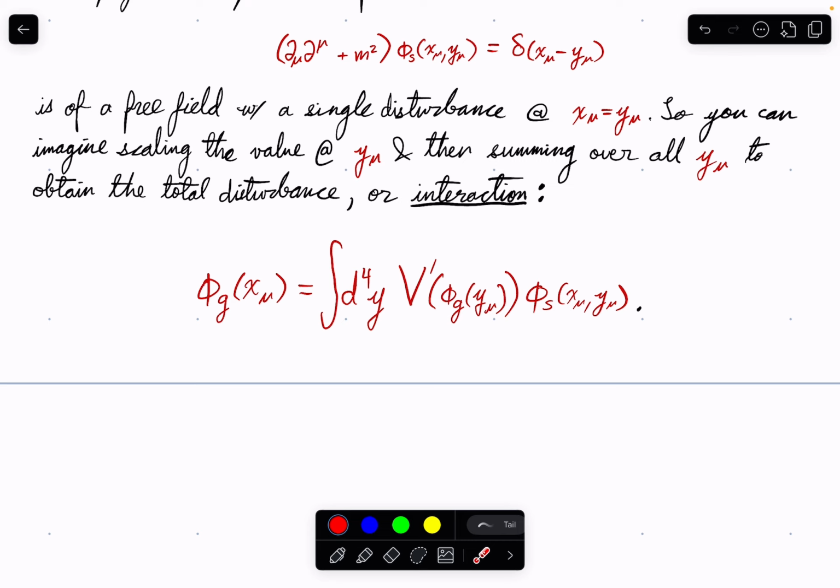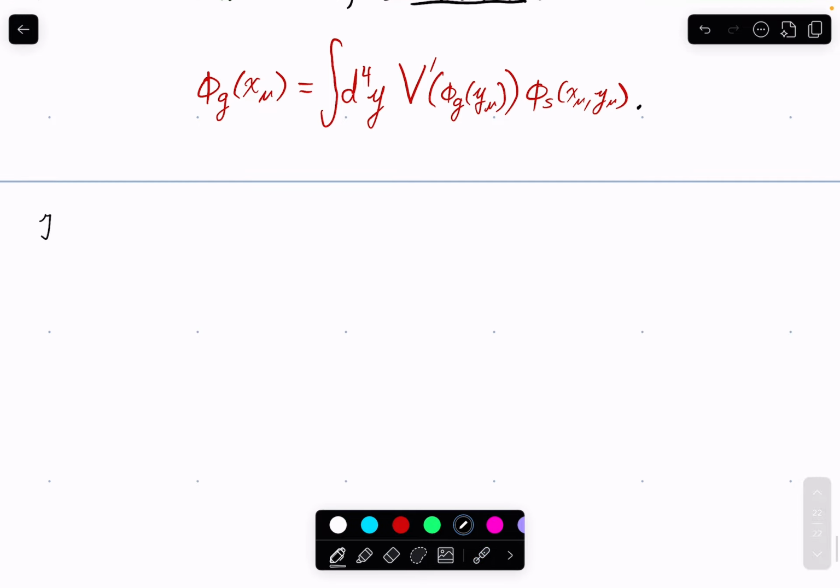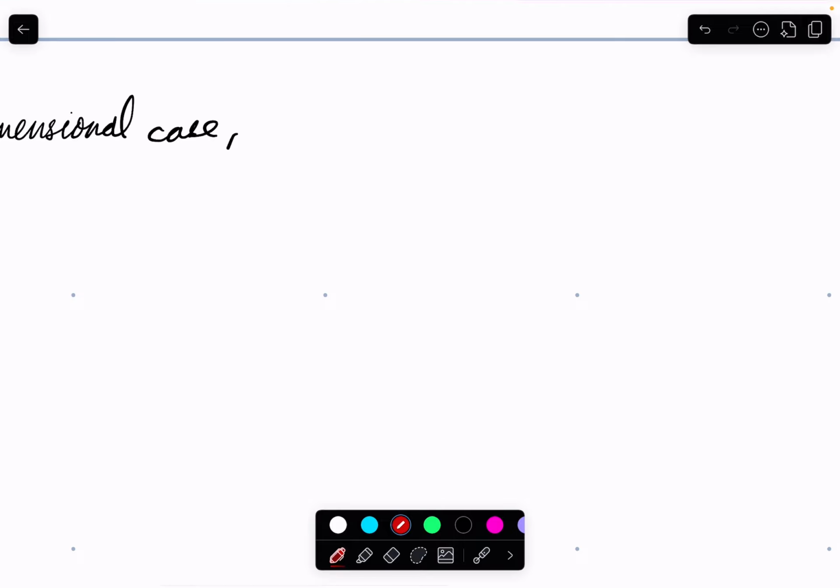So let's take a final look at a simplified version of this phi S. In a one-dimensional case, the special function is going to depend on a position and then some other position, x prime. And then it's going to be a sum over all possible wave vectors.